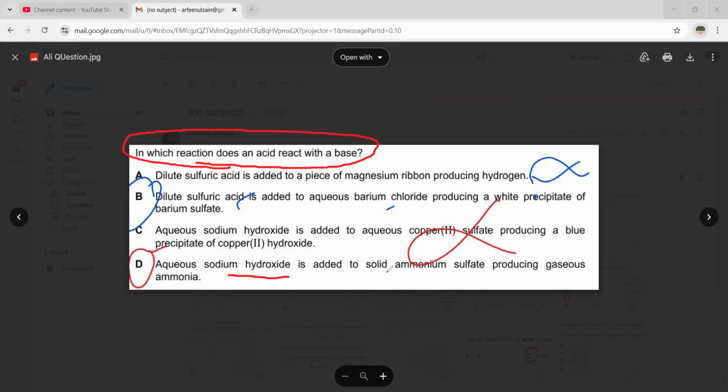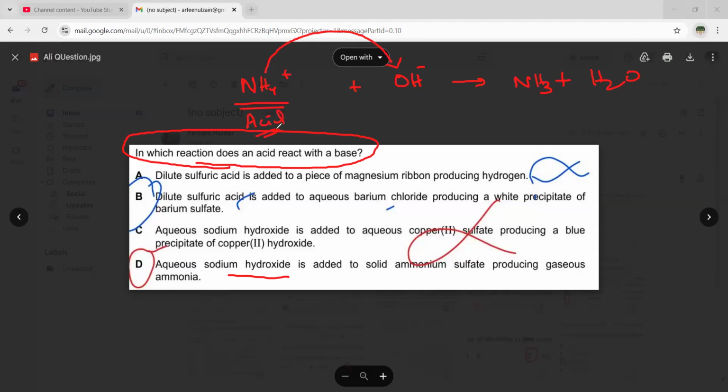When you have sodium hydroxide mixed with an ammonium salt, it contains an ammonium ion, and sodium hydroxide contains a hydroxide ion. What will happen? The ammonium ion will donate a proton, and the hydroxide ion will take the proton, releasing ammonia gas plus water. So ammonium ions have an excess proton, so they donate protons.